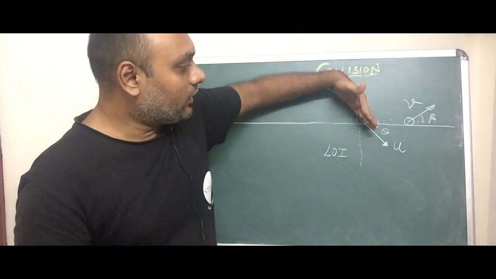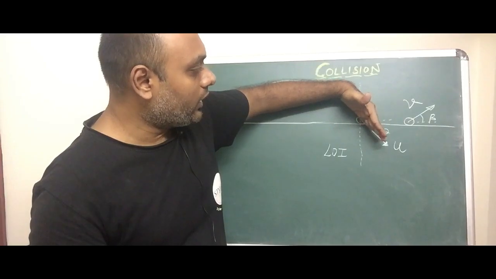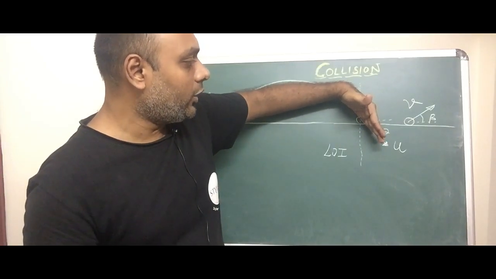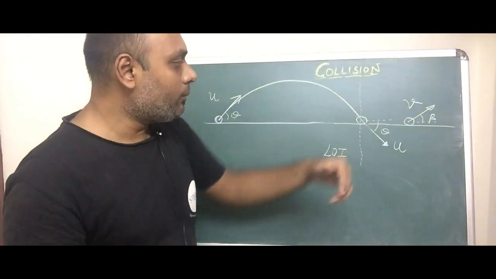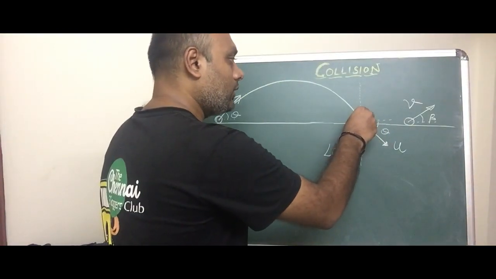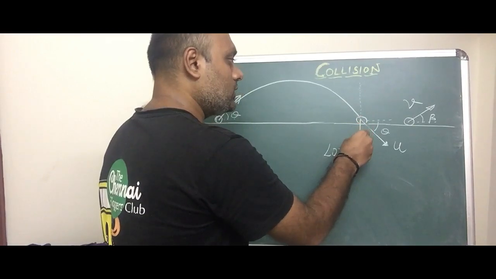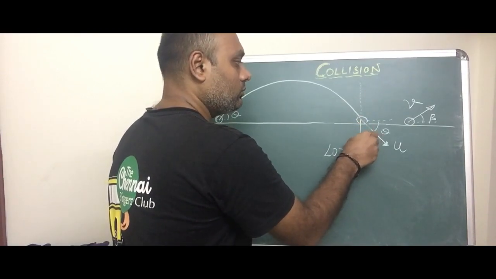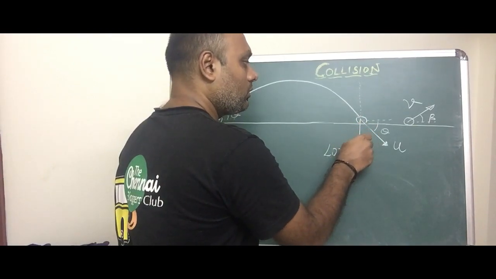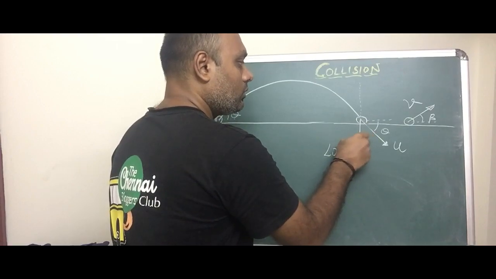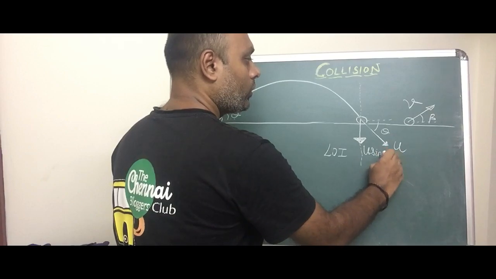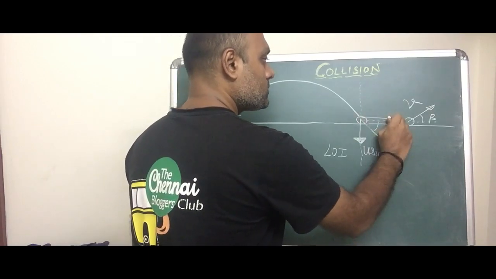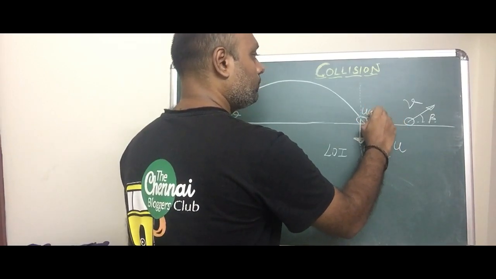This velocity u, we can resolve along the line of impact and perpendicular to the line of impact. Along the line of impact, whatever velocity you have is bringing the object closer. So this component is u sin theta, and along the horizontal, this component will be u cos theta.